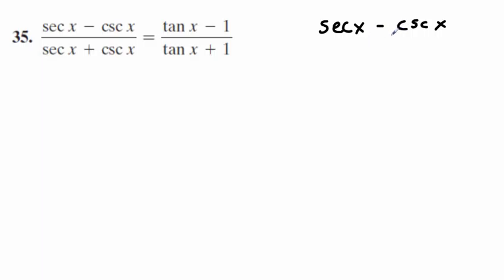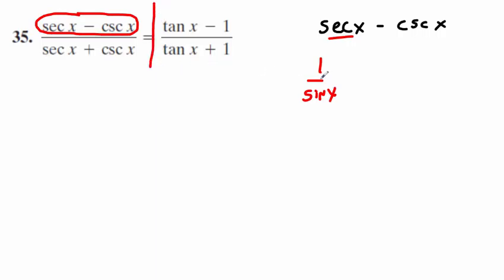So if I change these into terms of sine and cosine, I know that secant is equivalent to what? And right now all I'm dealing with is just this top part, and only the left side is what we're going to approach for a minute.